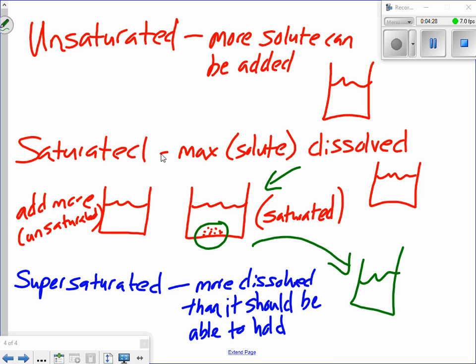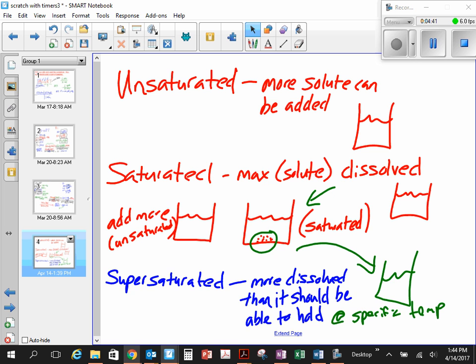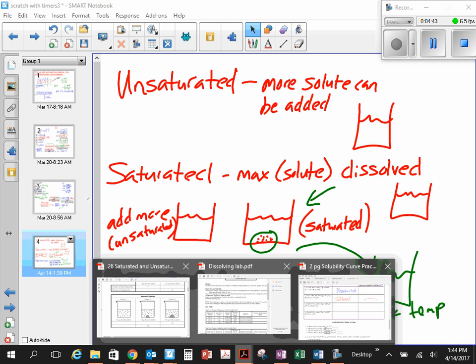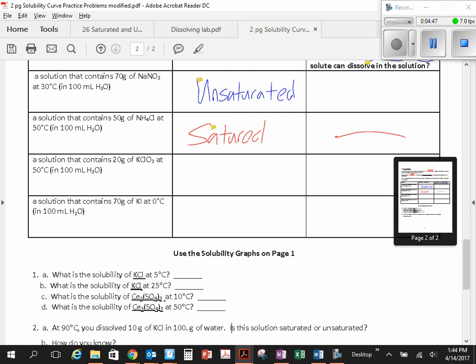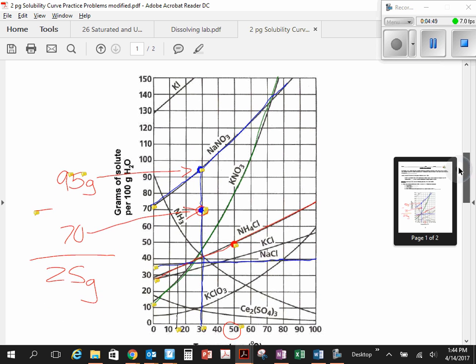Supersaturated means it's holding more than it can hold at a specific temperature. So think about this. Let's look at this curve. We had some curves here.